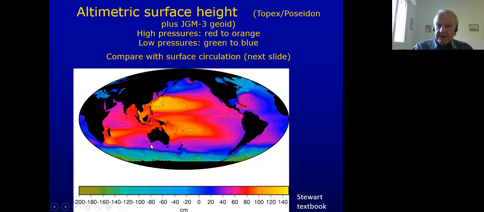Because the isolines here, you can see, are very, very close to each other. That means that there are strong changes of the sea surface over the unit distance. So that means that the surface pressure gradient, dP/dx, for example, or dP/dy, in this case dP/dy, is very strong because there are strong changes of pressure per unit distance.